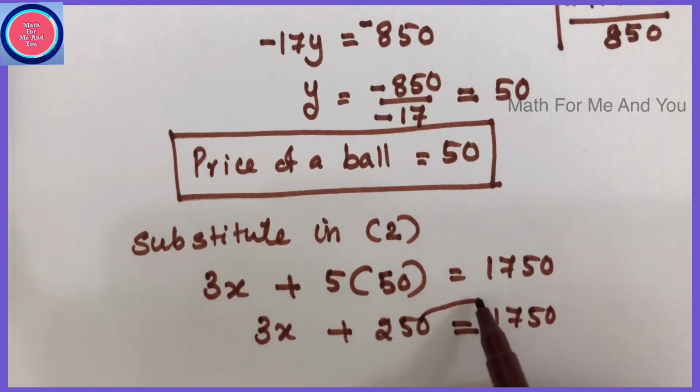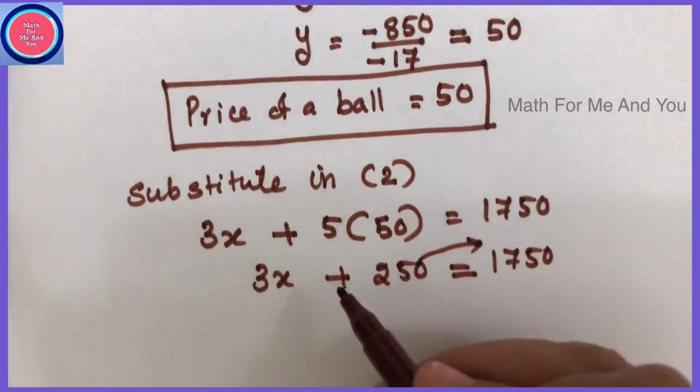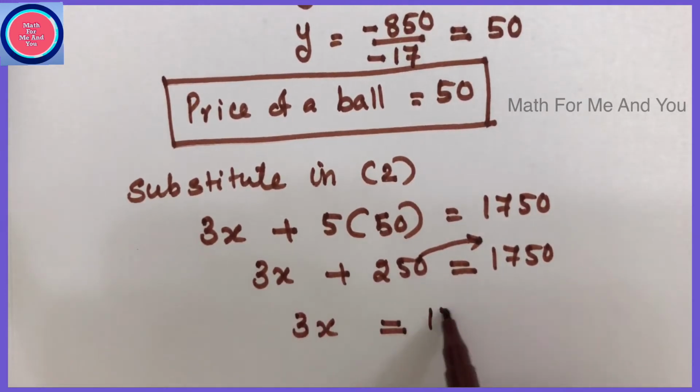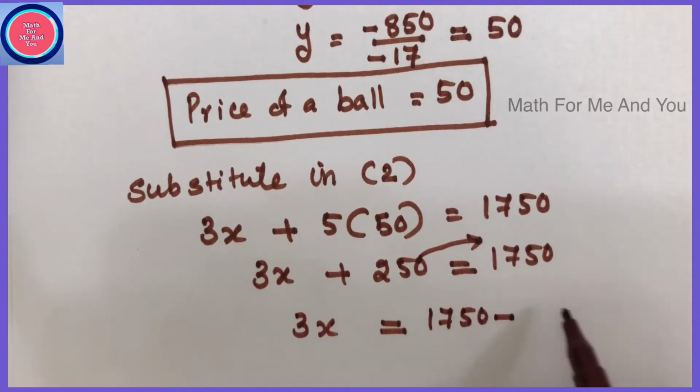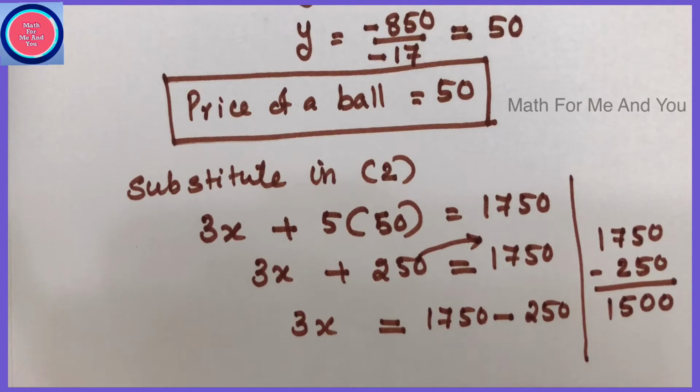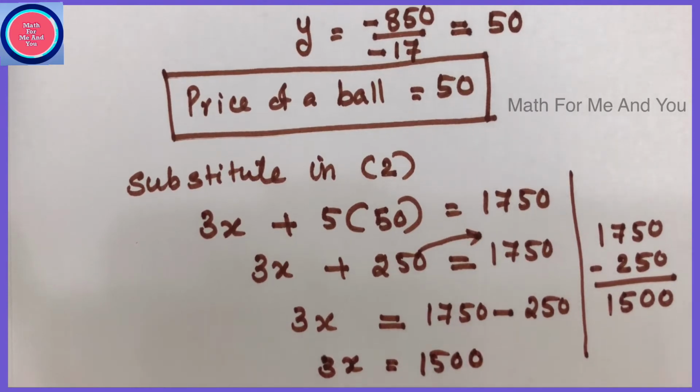Collect the numbers on one side. Move 250 to the right side, it becomes a negative number. And we get only 3x on the left side is equal to 1,750 minus 250. How much is it? 1,500. 3x is equal to 1,500. How to find the value of x?